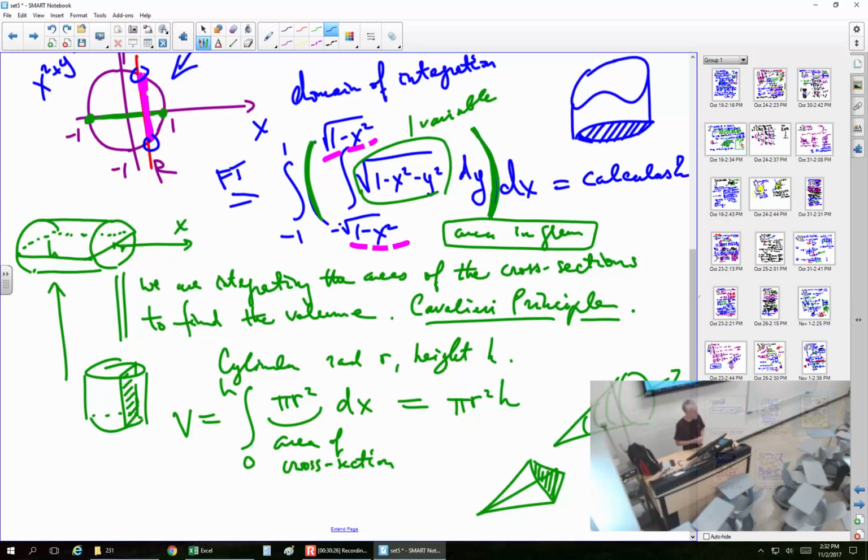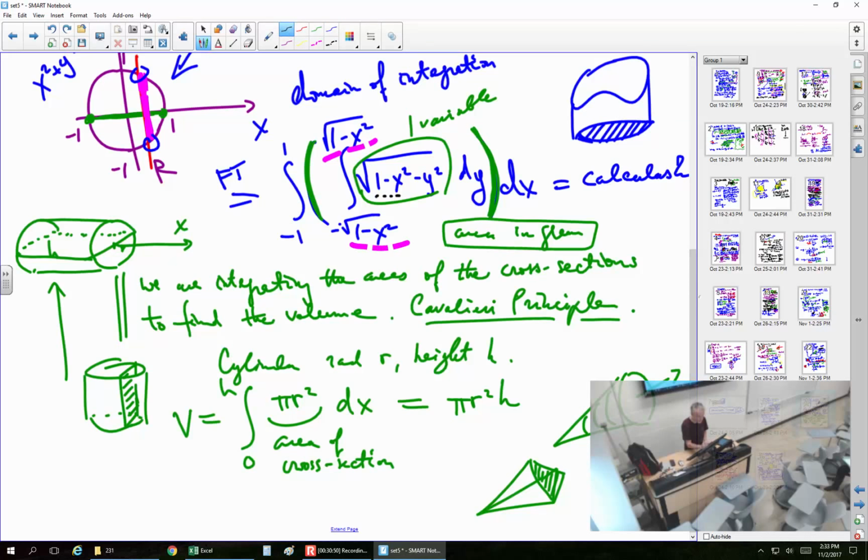It is some kind of trig substitution, yes. That's right. You just have to be careful that your variable is y, which means that 1 minus x squared is what it is.